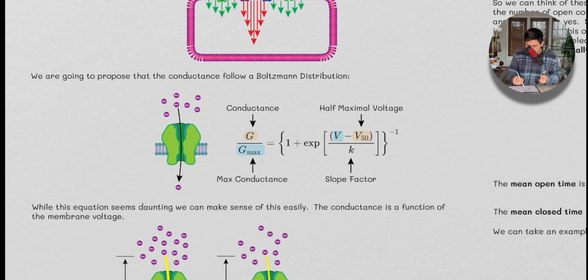So G, the current, is a function of the voltage, or the potential difference across the membrane. Whatever V is, if the potential difference is really small, that's going to change the value of G, right?